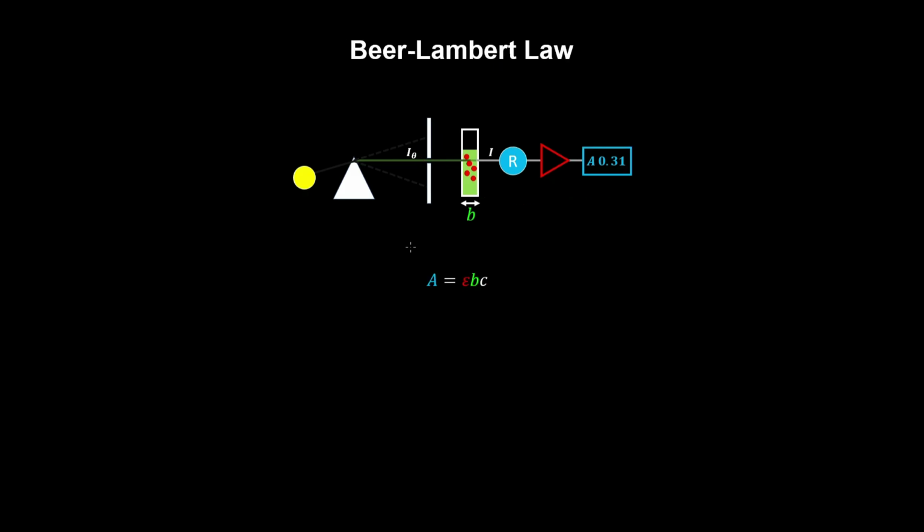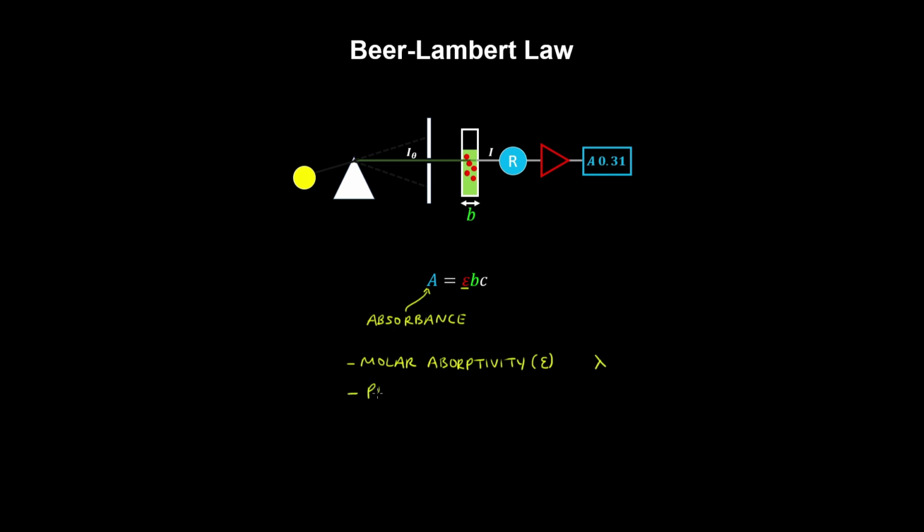The Beer-Lambert law is used to relate the absorption of light, or absorbance of a solution, to the molar absorptivity, which describes how intensely a sample of molecules or ions absorbs light at a specific wavelength.